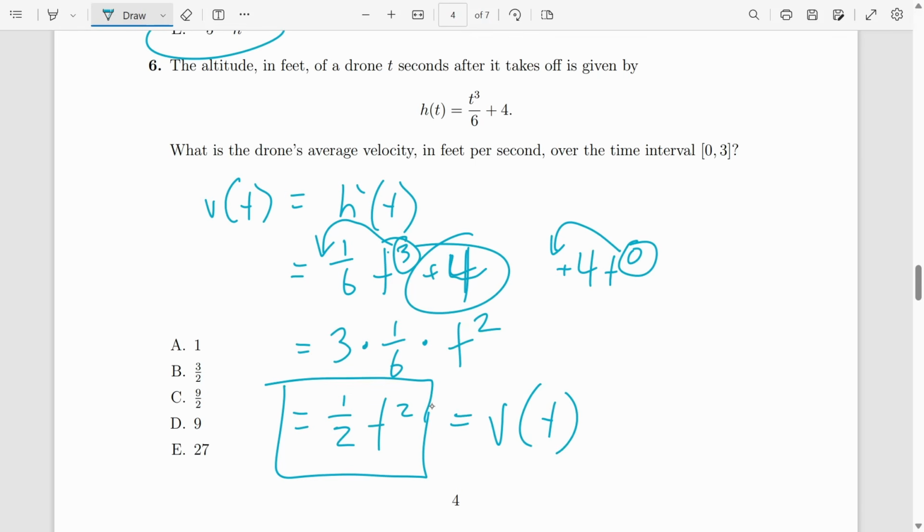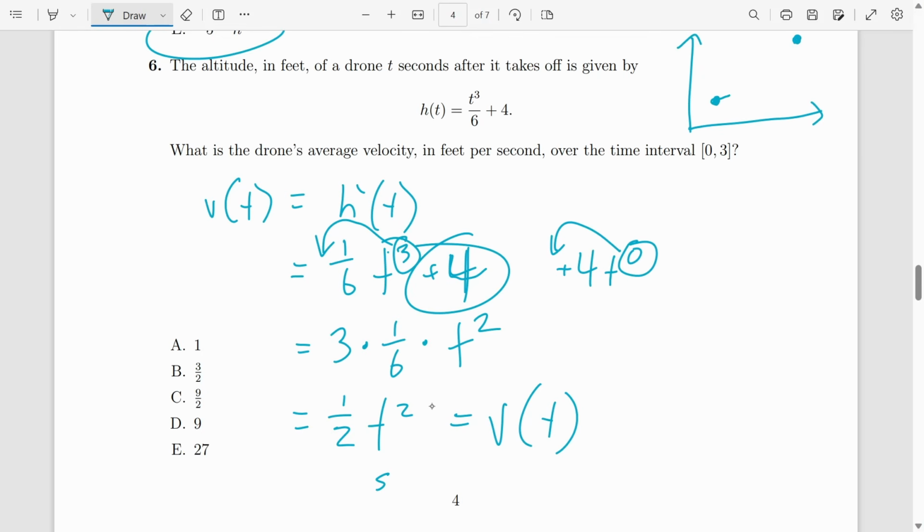Now that we have our velocity function, first let's realize what we've just done. If we were to plug in, like, 5 for t, our resulting value will be the velocity of the drone after 5 seconds. So that's what this means. Now to find our average velocity, let's imagine a graph, and this is the drone's velocity at that point, and this is the drone's velocity at that point.